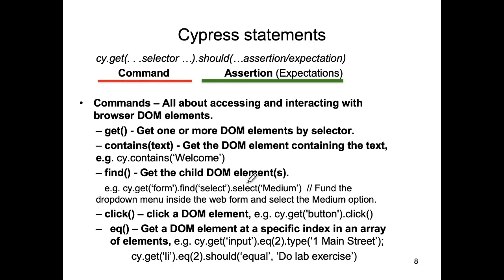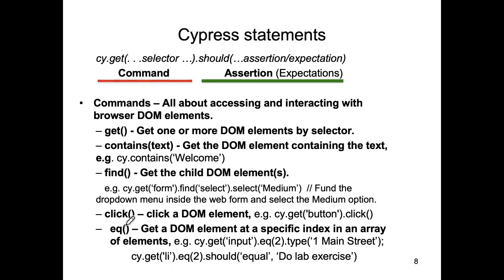And this is interacting with that drop-down menu, picking a particular entry. So that's find. Click, clearly enough, is a way of clicking a DOM element, as in clicking a button. The EQ command, you'll see me using that a lot.